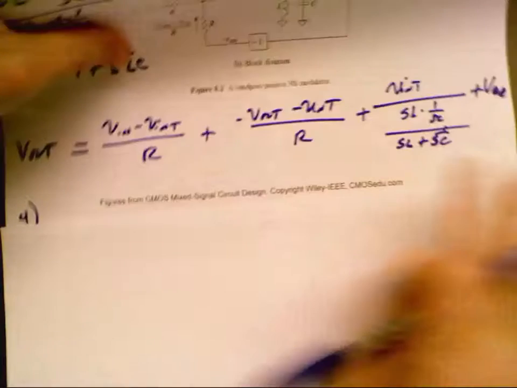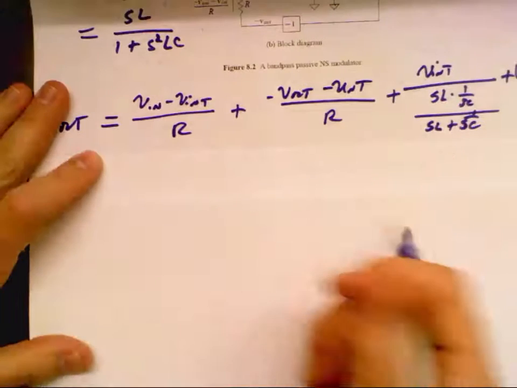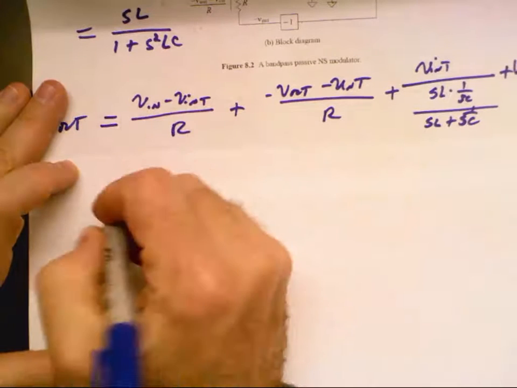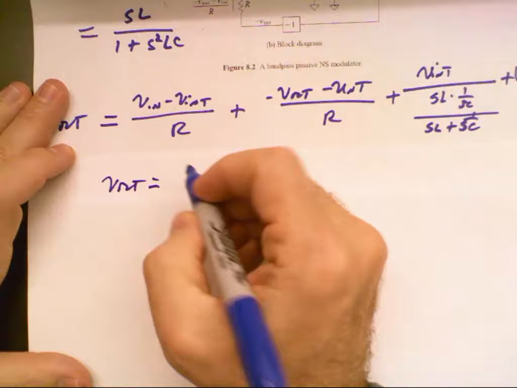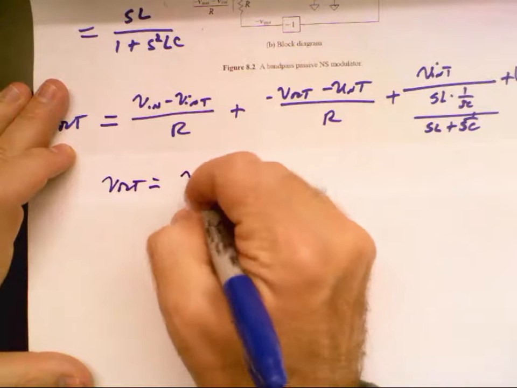So I can then rewrite this, let's do it slow. We'll write it as V out is equal to V in.